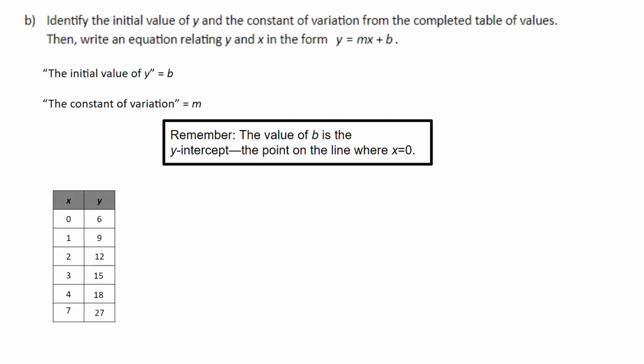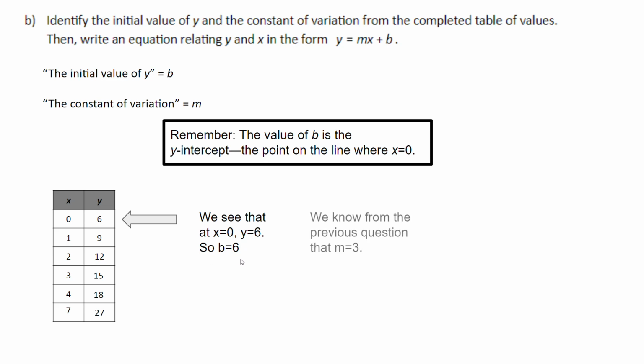So, looking at this, we see that it is x 0, y 6. So at x equals 0, y equals 6, so our b value is 6. And we know from our previous question that m equals 3, which was the constant of variation. So the equation of the line is y equals 3x plus 6. We just plugged 3 instead of m and 6 instead of b.